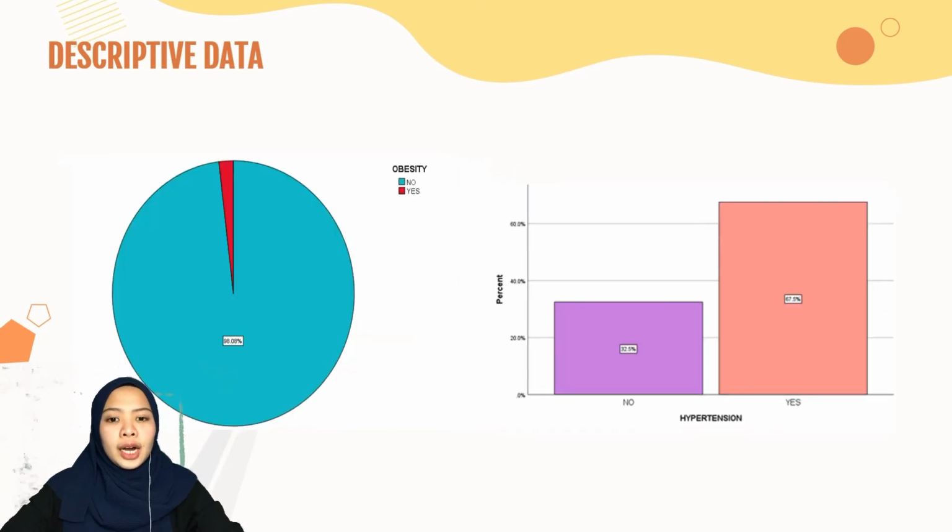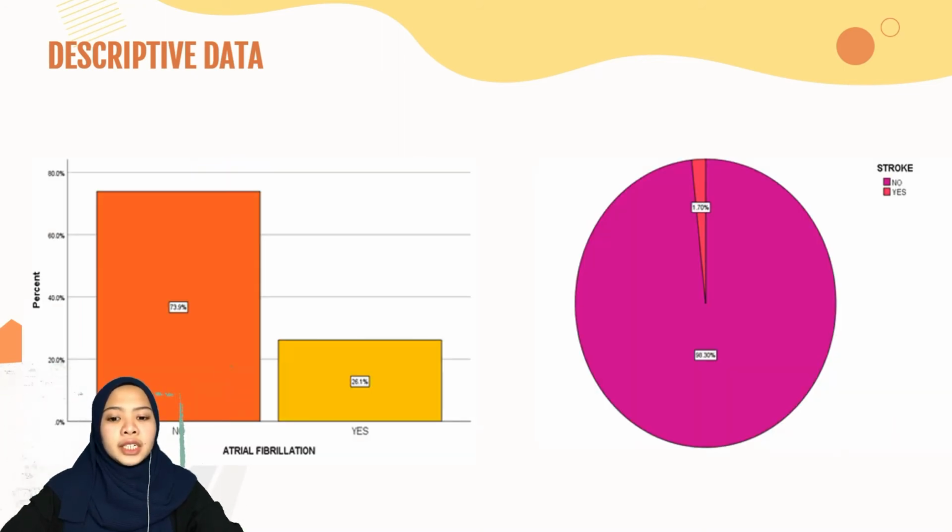Also, only 41.8% of patients who underwent CABG surgery were diagnosed with obesity. However, 67.5% of patients were diagnosed with hypertension. Next, the majority of the patients who stayed in ICU and surgical ward did not have atrial fibrillation and stroke.